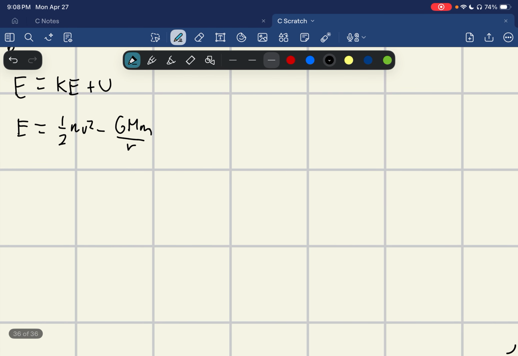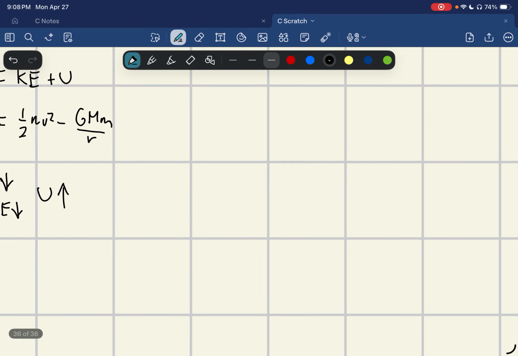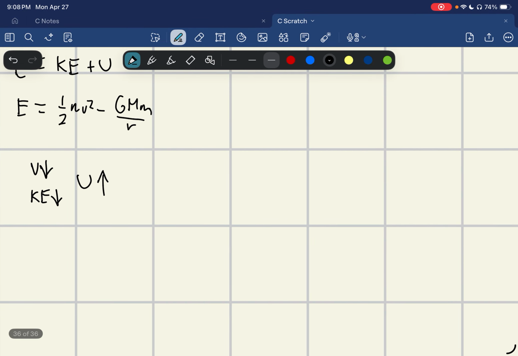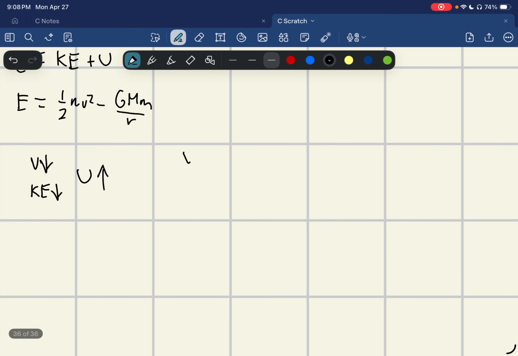When the comet is far away, at apogee, we know that v would go down because it's farther away, so that means your KE will go down. But because of that, looking at this function, U would go up. And if it's close, that means v goes up, and then KE will go up and U will go down.